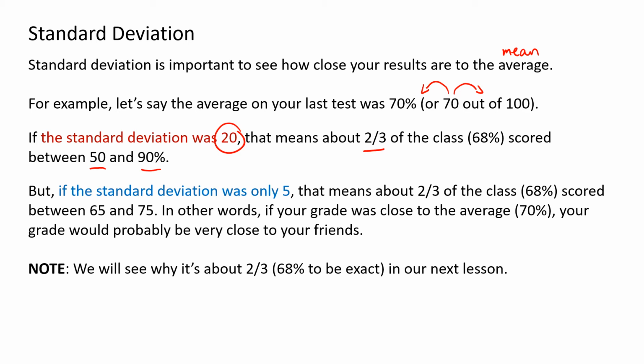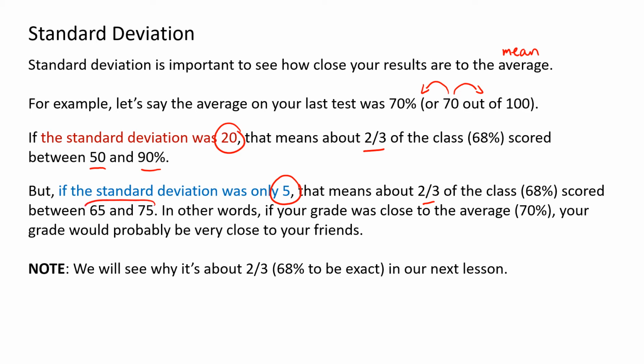By contrast, if that standard deviation was down to only 5, then again 2/3 of the class, and I will explain in the next lesson why it's 2/3, scored between 65 and 75. Again, remember, it's above or below this value of 70. So now 70 minus 5 gives us 65, and 70 plus 5 gives you 75. So a smaller standard deviation means that your grades are far closer.